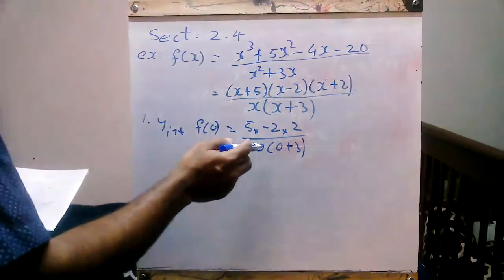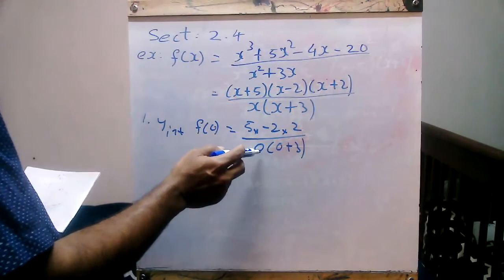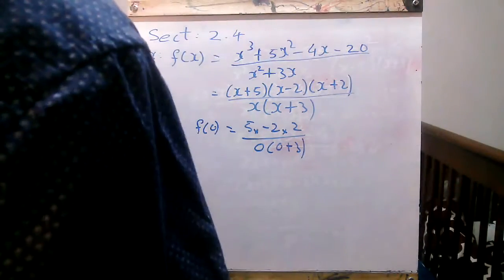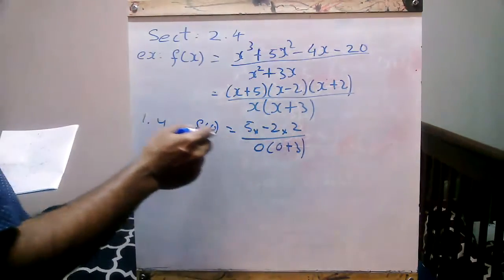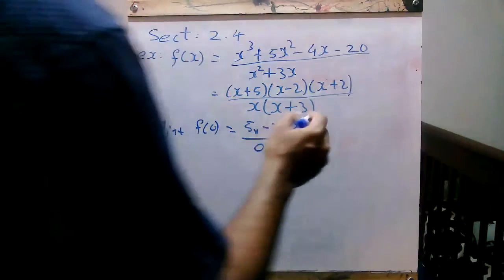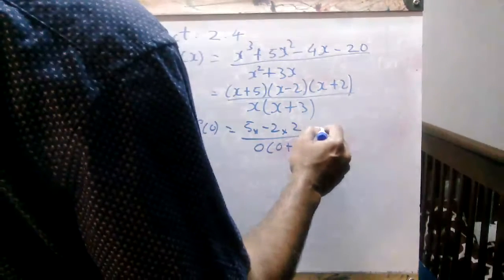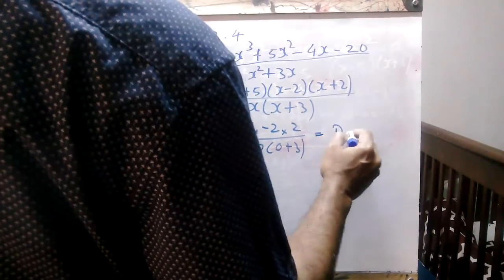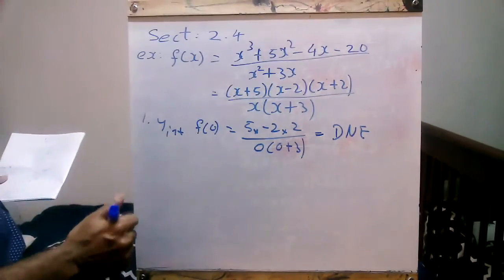Right, you see, with this multiplying with this 0, the whole denominator is 0, therefore your y-intercept does not exist. That means there is no y-intercept.